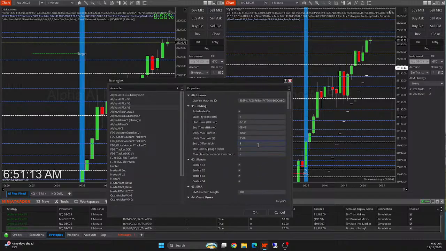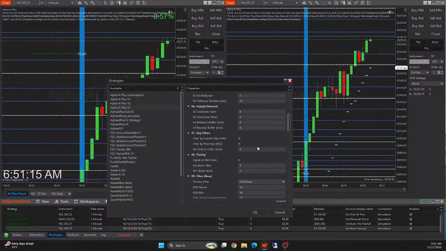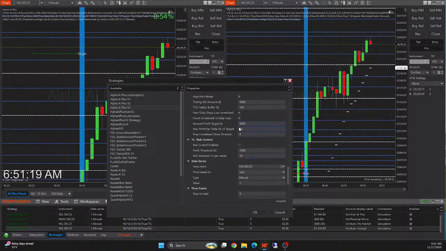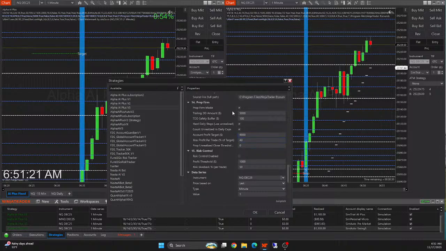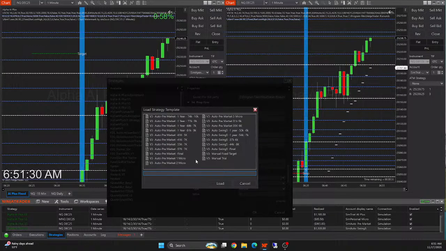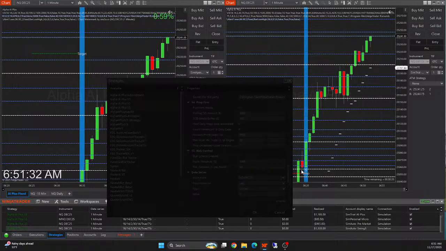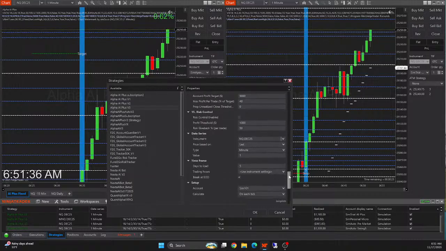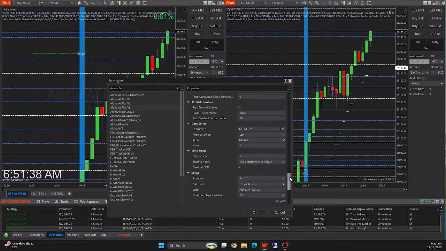Also, this one is using the proper mode. The other one, the pre-market template, the pre-market template final, it uses... one second, I'll show you exactly.